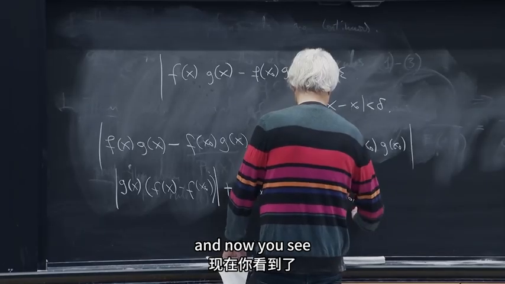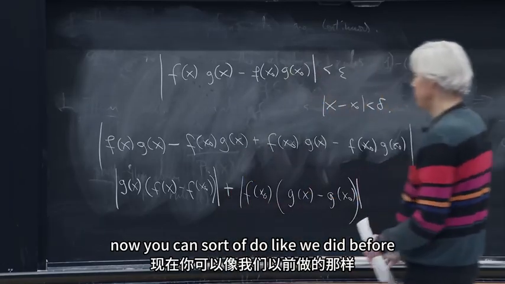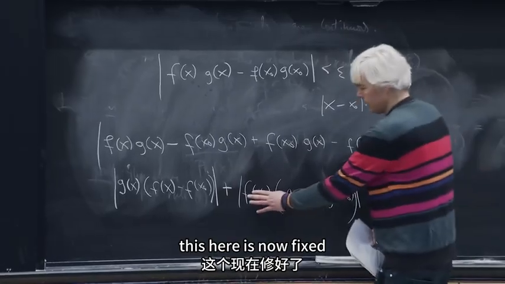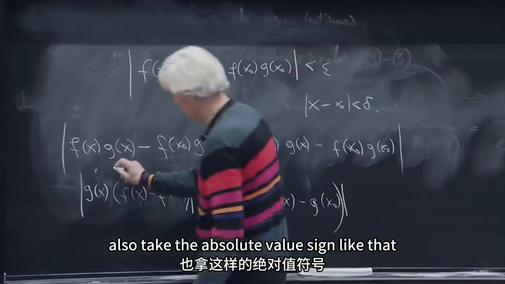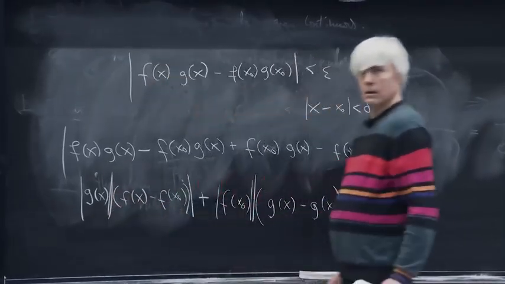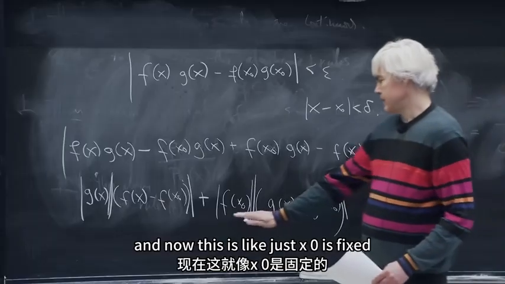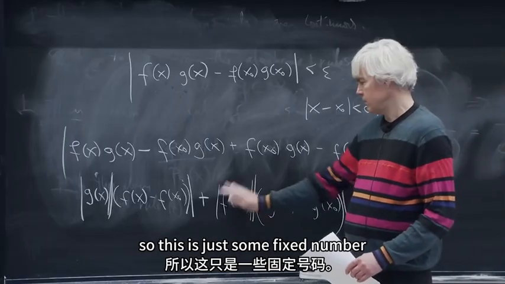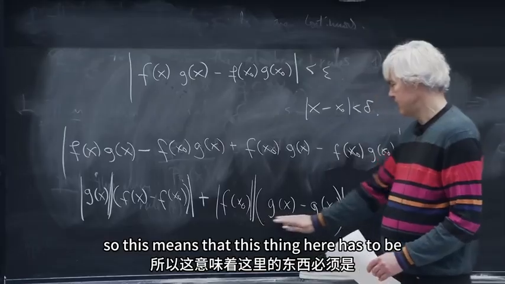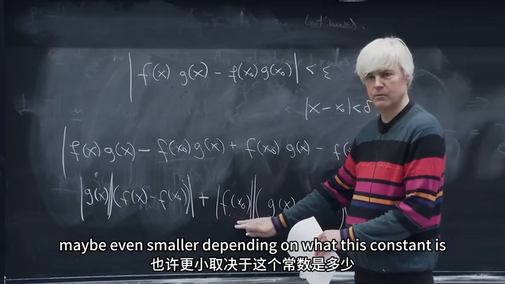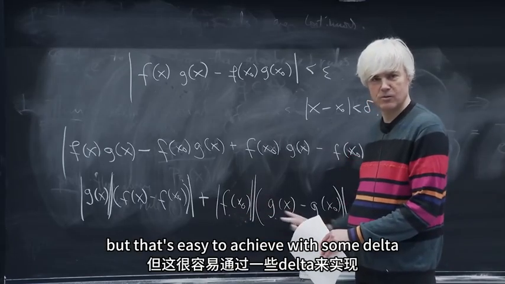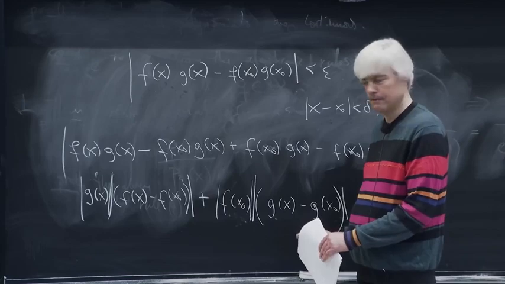Now you can do like we did before. This here is now fixed, so you can also take the absolute value sign like that. And x0 is fixed, so this is just some fixed number. So this thing here has to be maybe even smaller depending on what this constant is. But that's easy to achieve with some delta, right?